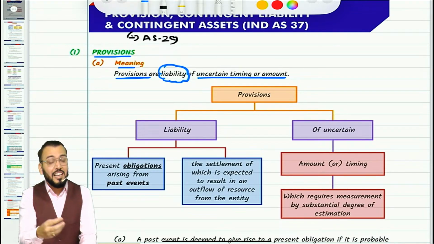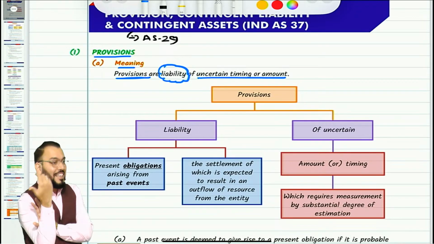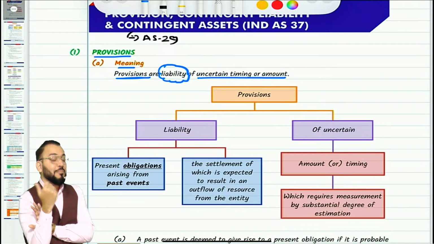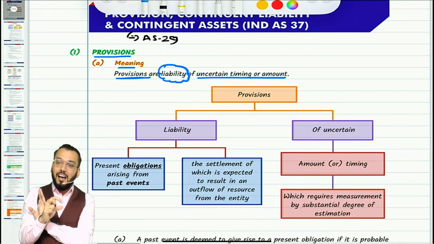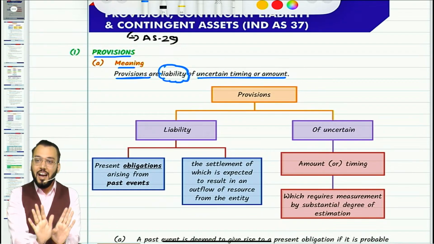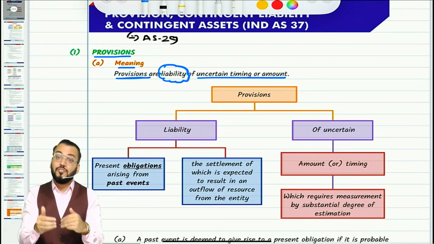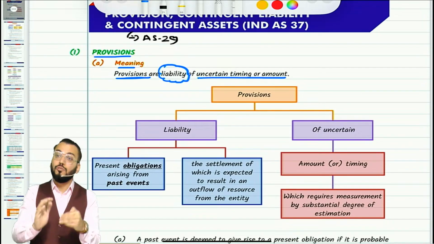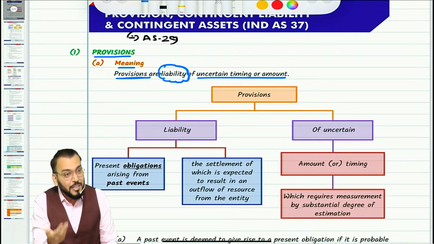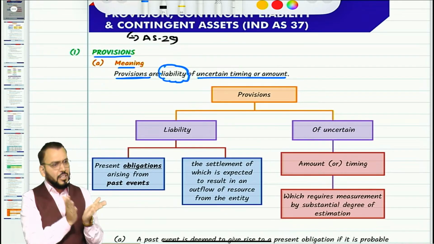Can I say all provisions are liabilities but all liabilities are not provisions? Under liabilities you write provisions, right? So those which are not provisions are also liabilities. So when both amount and timing are known, that is a pure liability. Provisions are also liabilities.